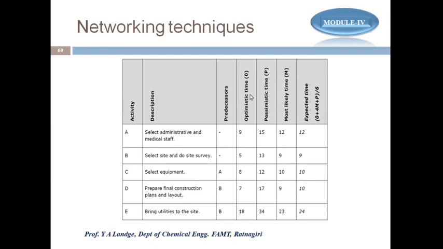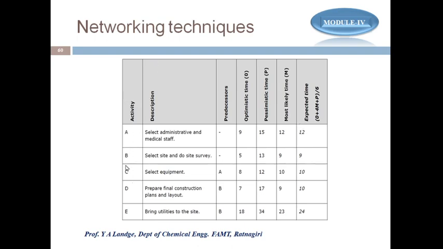For the first activity, the optimistic time is 9, the pessimistic time is 15 and the most likely time is 12. Once we put in the value of O from here, P from here, and M from here, we get the expected time, which is 12. In this way we have to make the data.